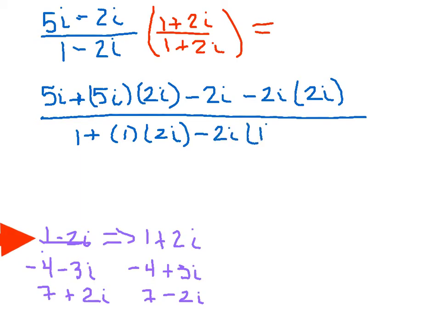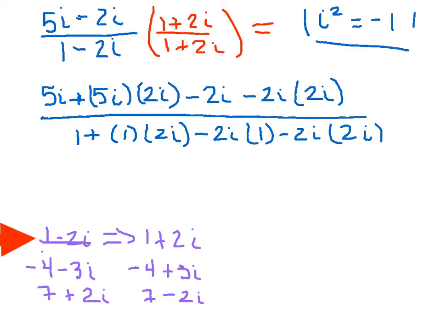And finally, negative 2i times positive 2i gives me minus 2i times 2i. Now I need to remember, Claire, that i squared is equal to negative 1, and that's simply a definition.